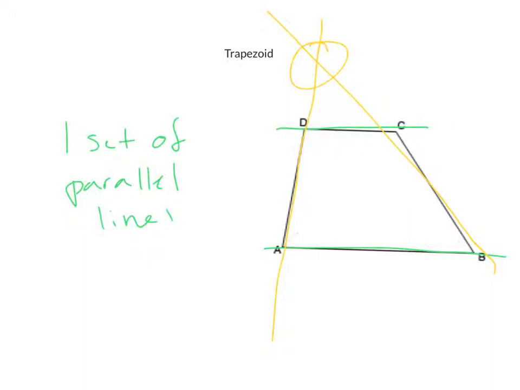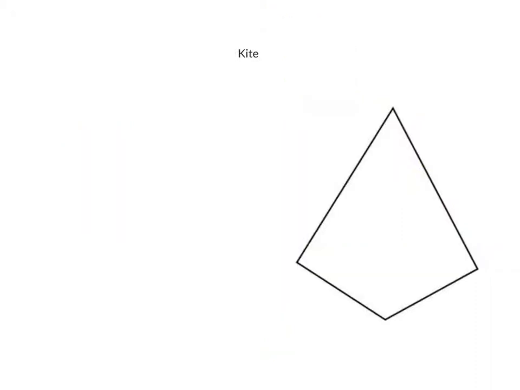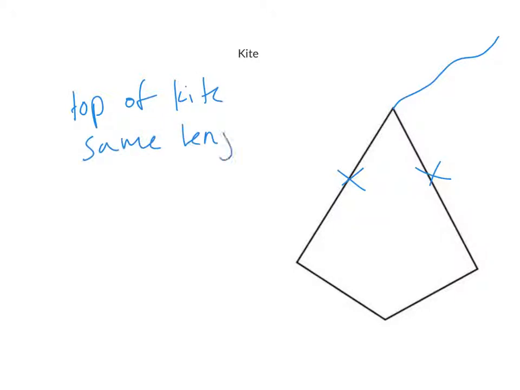Now, our last type of quad is a kite. And a kite, if we added a tail and flew it up in the sky, would look like a kite we fly every day. What a kite has is the top two lines are the same and the bottom two lines are the same length.